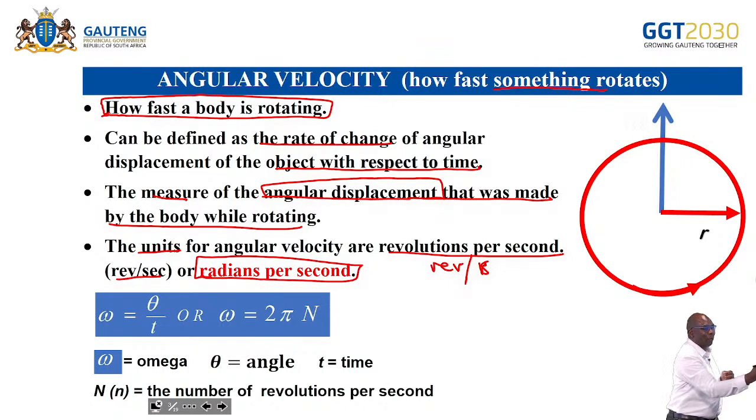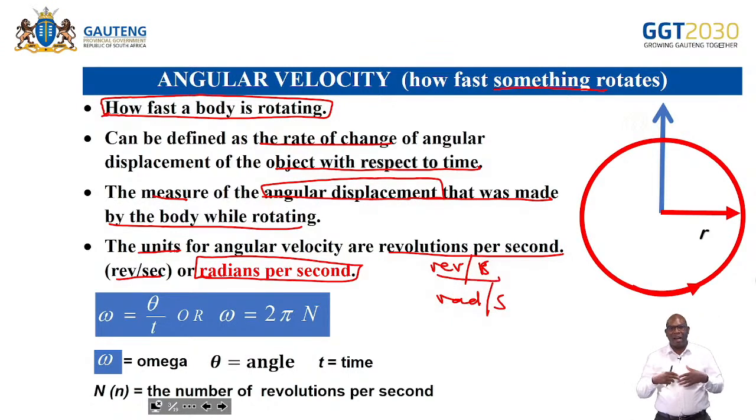So if I write my answer as rad per second, or I write it as rev per second, I'll get full marks there. Please, the units are very, very important. When you're working on those questions, most of the time you don't write the units, but we sometimes give you a mark for that. Now we want you to do the correct thing. Please write down the units.